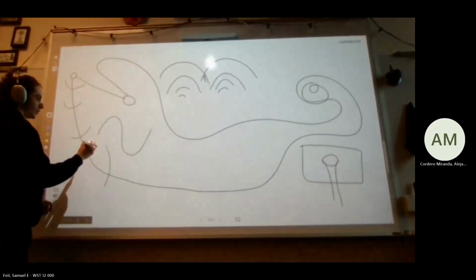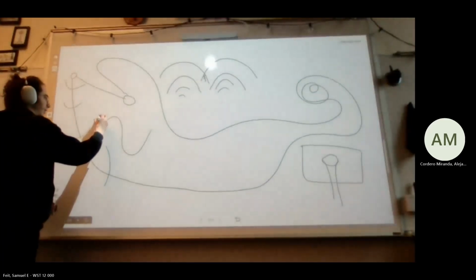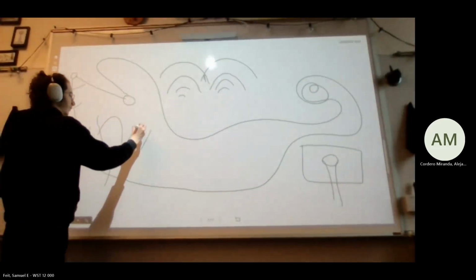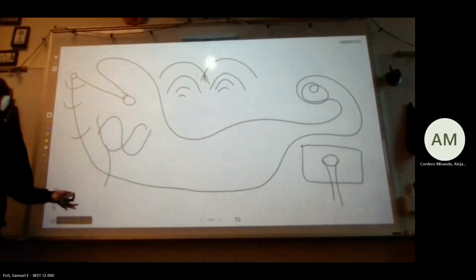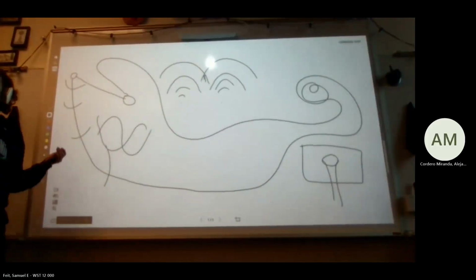What happens to a sine wave when it encounters a cosine wave? They cancel each other out.